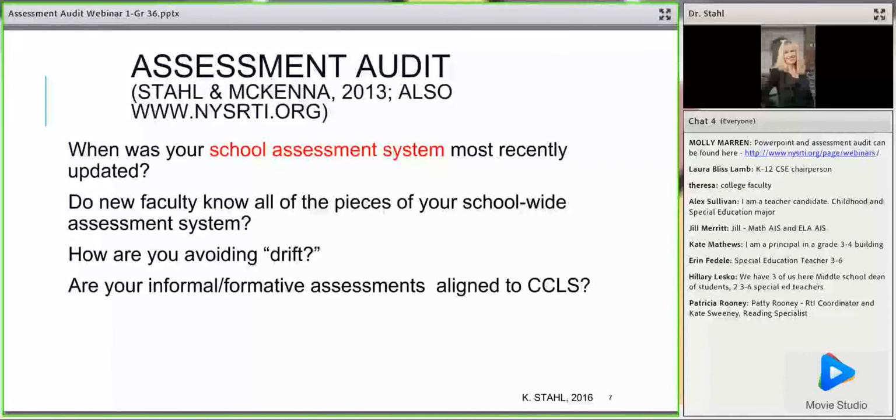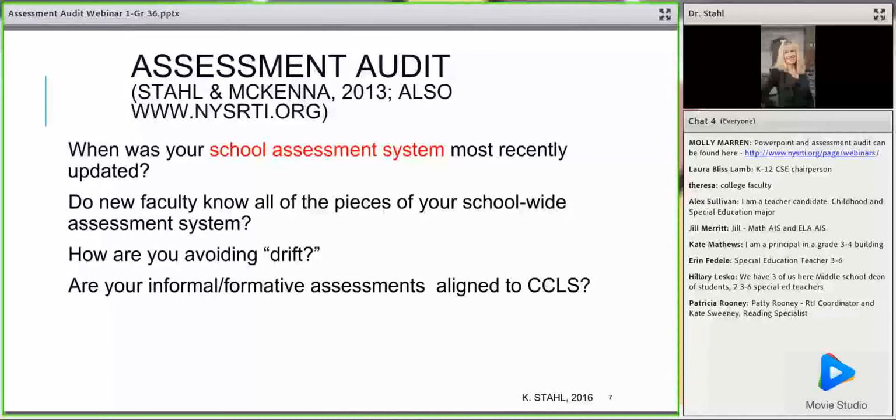The other thing is, even if we have some assessments that we all are in agreement upon, that we may all be committed to, that we all may be required to do, how do we avoid what Maury Clay used to call drift in terms of fidelity to assessment procedures?